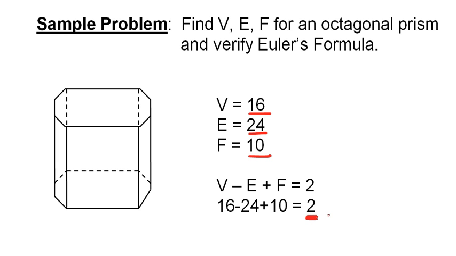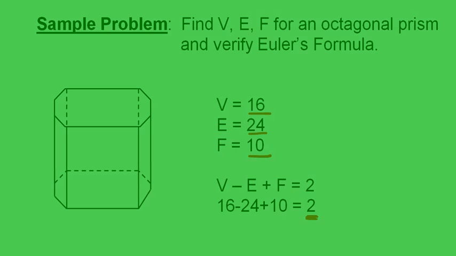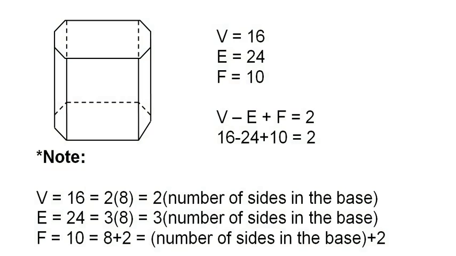Before we leave Euler's formula, I just wanted to point something out. If you have a prism like this, and I ask you for V, E, and F, the number of vertices is always going to be 2 times the number of sides of the base. This is an octagon. It has 8 sides, so the number of vertices is going to be 2 times 8, which is 16.